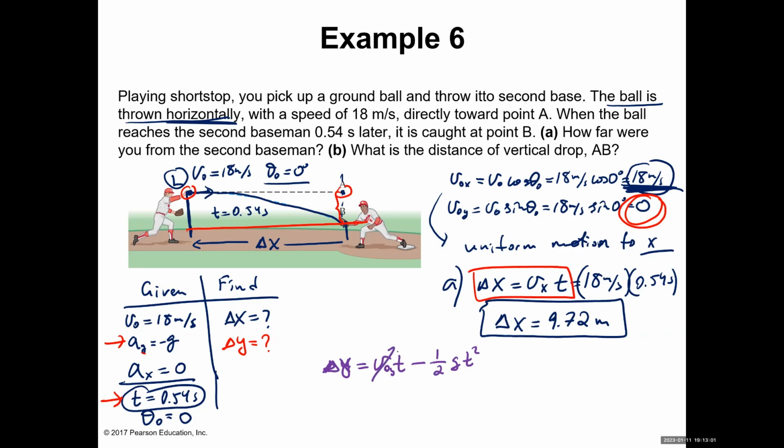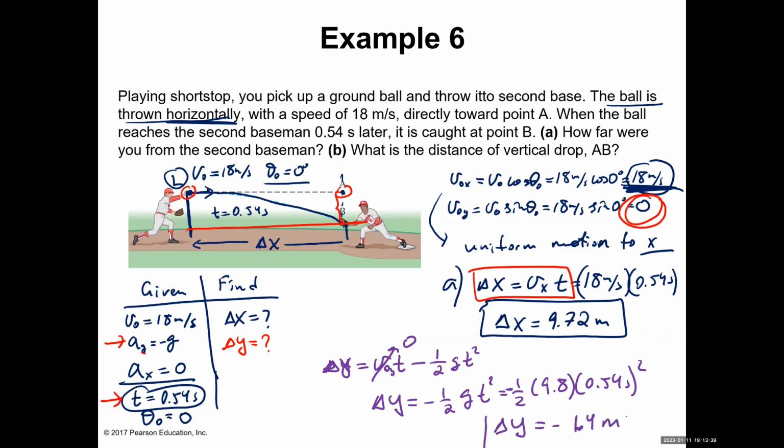What I have here is this is 0, which makes my life much easier. That means my displacement is equal to just negative 1/2 times g times time squared. 1/2 times 9.8 times 0.54 seconds squared, negative. All right, so my delta y is then negative 1.4 meters. Let me put it like that.